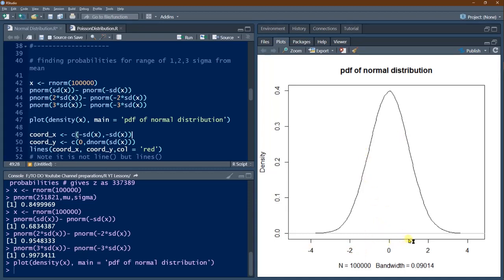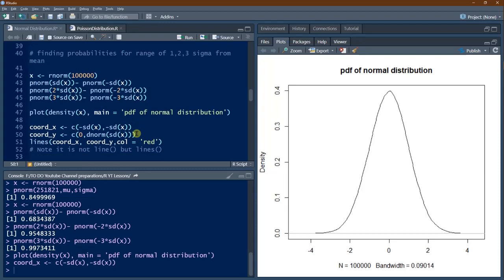For the first line, the x coordinate is minus sd(x), and for this other point also, the x coordinate is the same. That's why I have written minus sd(x), minus sd(x). So I got 2 quad x.